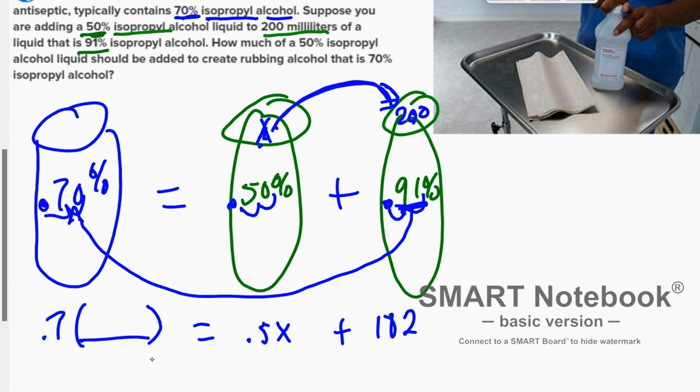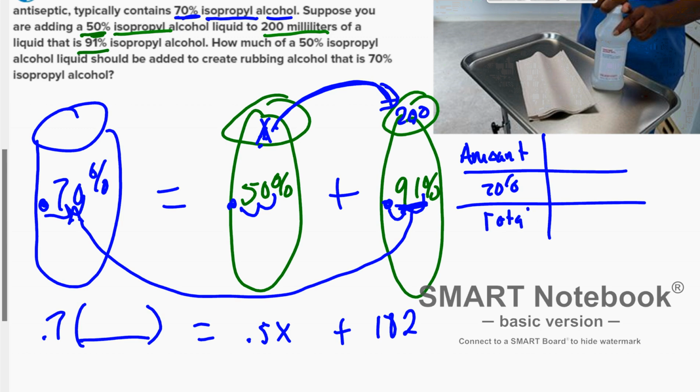So here's where you can do your table. You have your amounts, and then you have your percentage, and then you have your totals. So the amount, I have two different mixtures, mix 1 and mix 2.